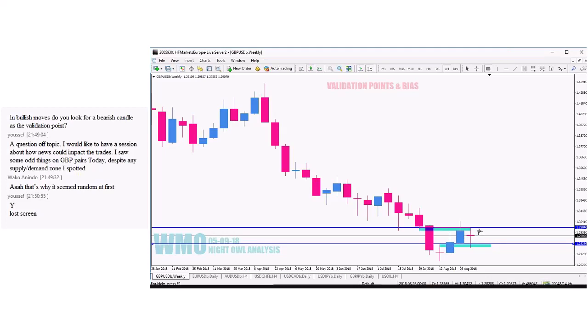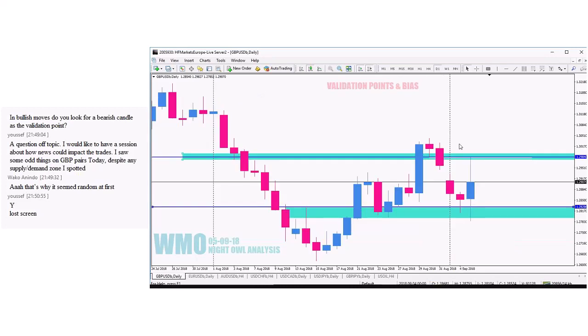Look, validation point here. This validation point over here marries a daily validation point. So now they're between two validation points, and it's time for them to just pick whatever direction they want to go and do whatever they want to do.